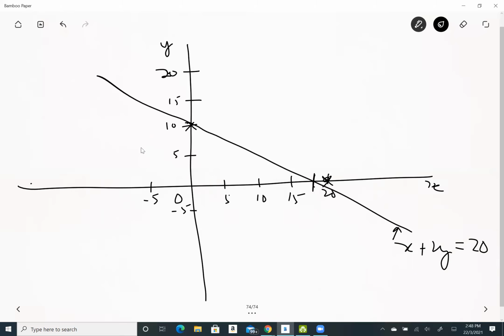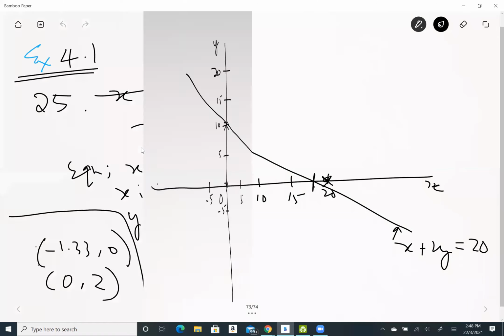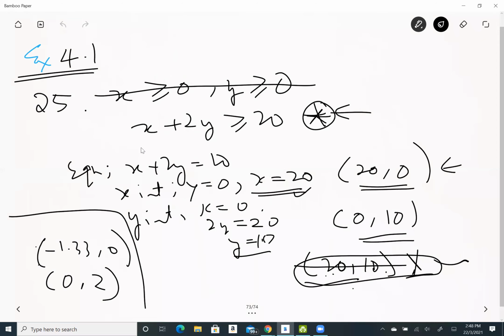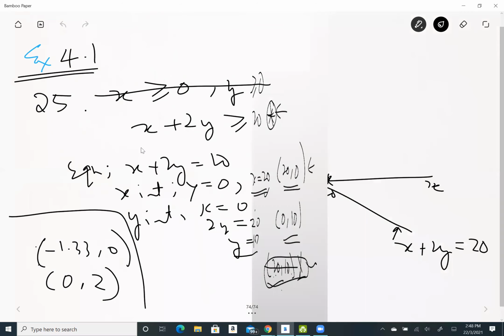Now the test point. You take 0, 0. Because from now on, I recommend you use 0, 0. So when I do a test point, I will just take 0, 0. I don't think I have some space over here. So I take point 0, 0, and I have here x plus 2y bigger or equal to 20.